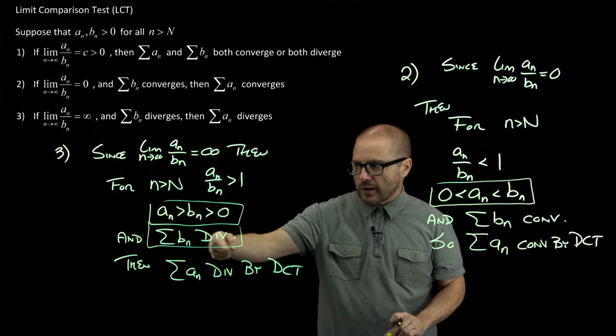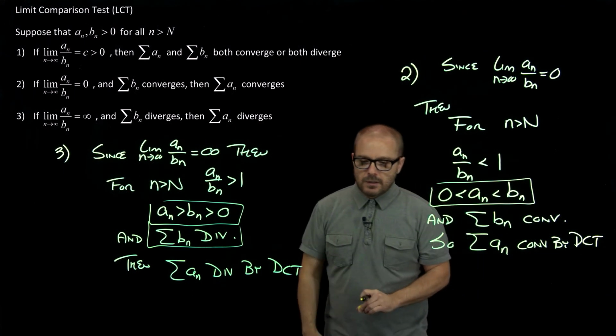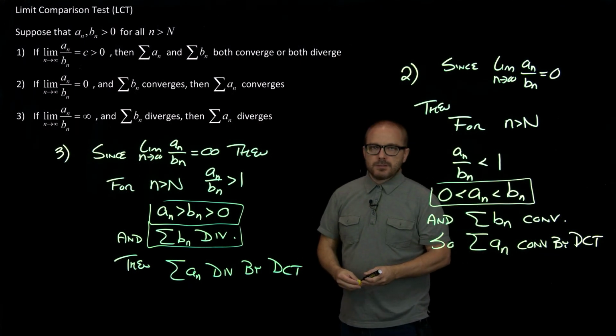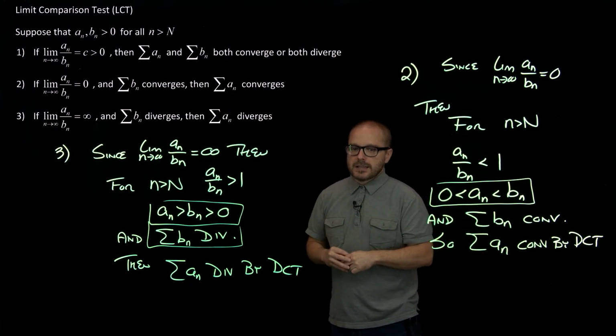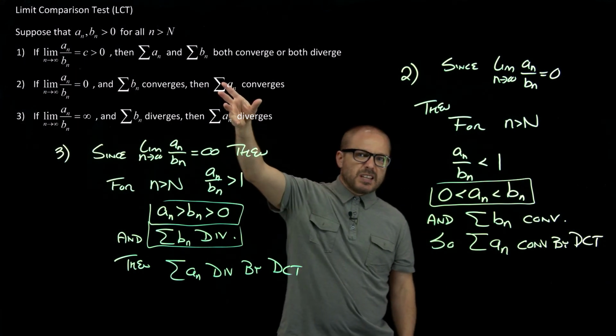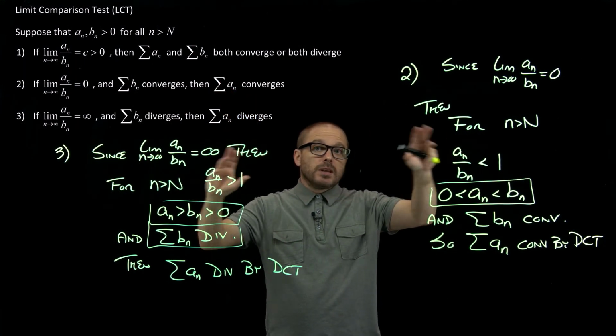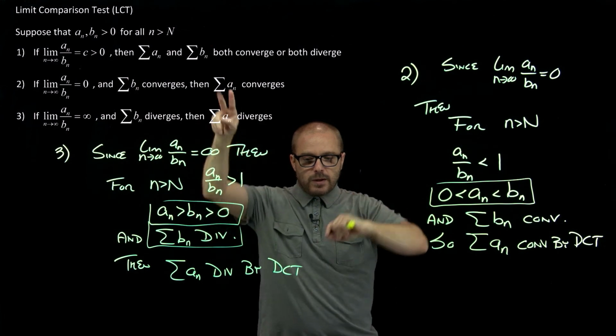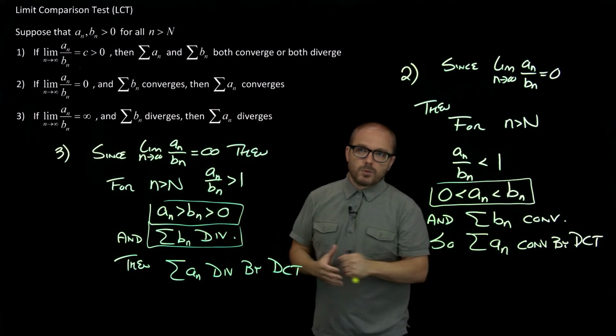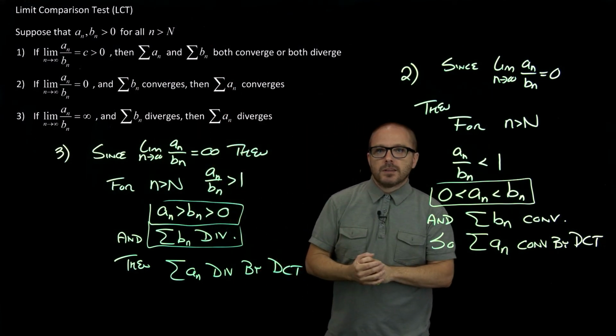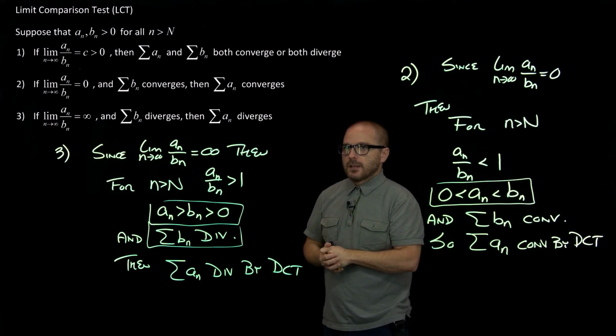The a_n's are all bigger, and this series diverges. So both of those arguments boil down to a direct comparison test. And number 1, which we're skipping, essentially says that you can do either one of these. That's why they'll both converge or both diverge. Whatever one's doing, the other is going to do as well.